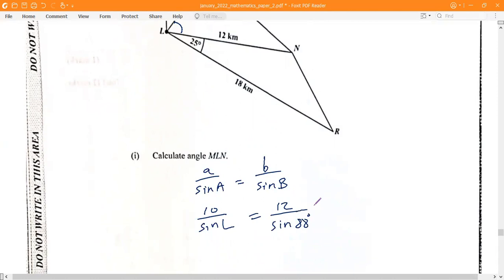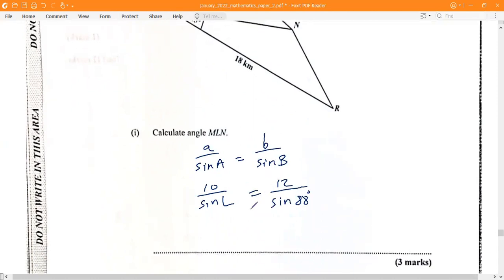So we work this out. We have 10 over sine L is equal to 12 over sine 88. Sine 88 is 0.999, and 12 divided by 0.999 is 12.